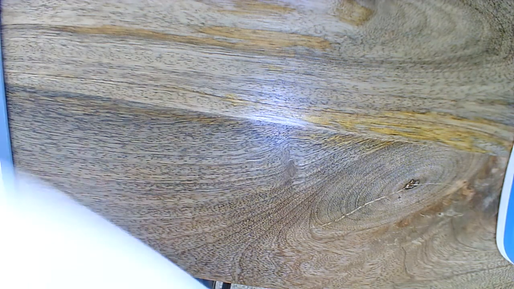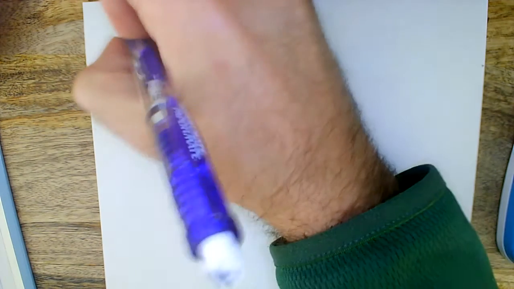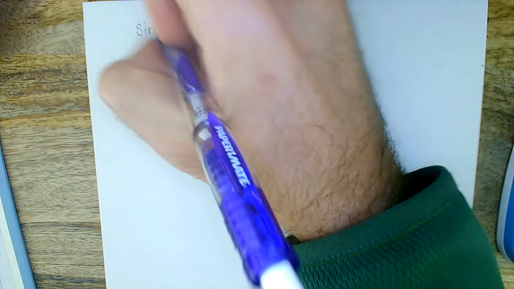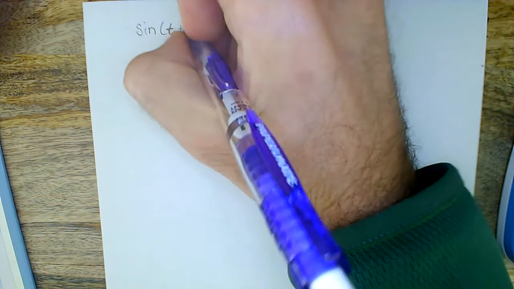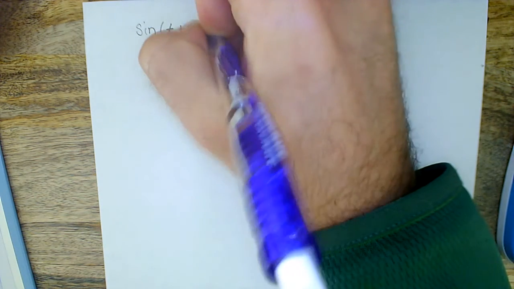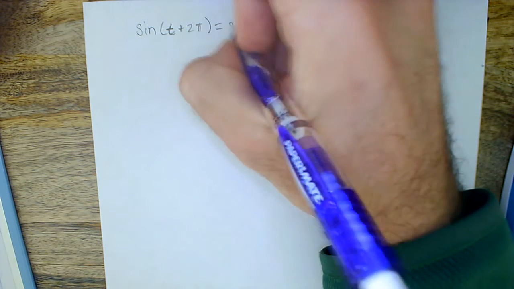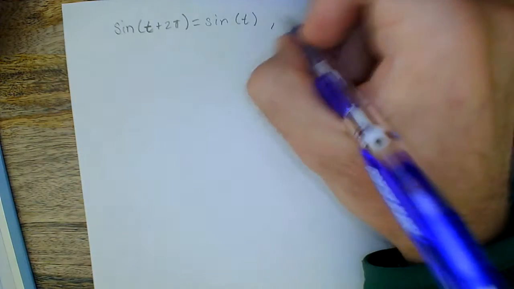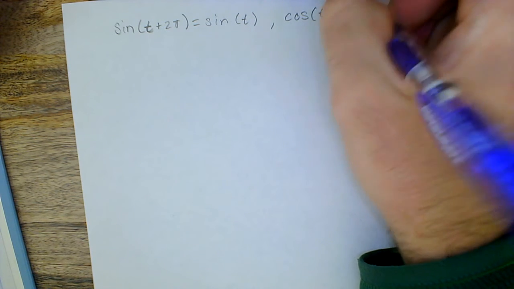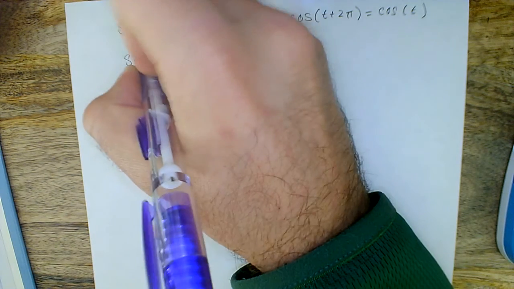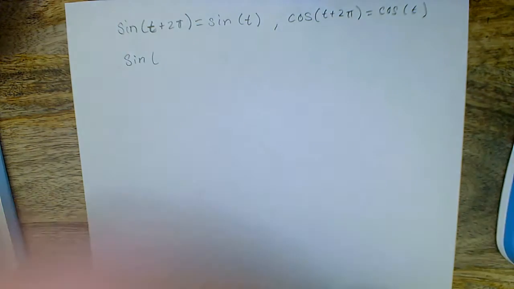Okay? So it turns out that the sine and cosine functions are periodic with a period of 2 pi. So what that really means is, I'm going to change theta, my input variable, to t instead. Sine of t plus 2 pi is equal to the sine of t, and the cosine of t plus 2 pi is equal to the cosine of t. So for example, let t equal 0.